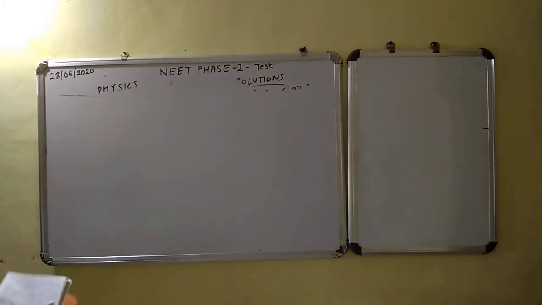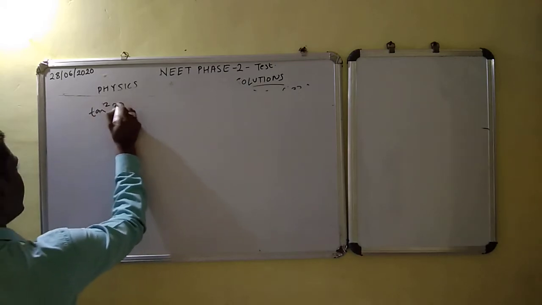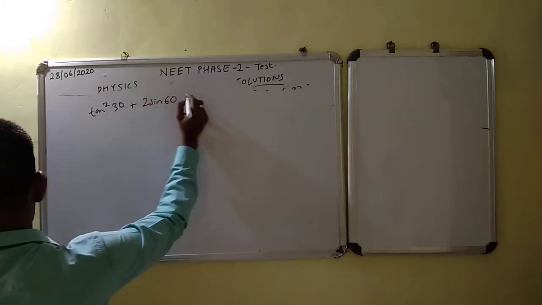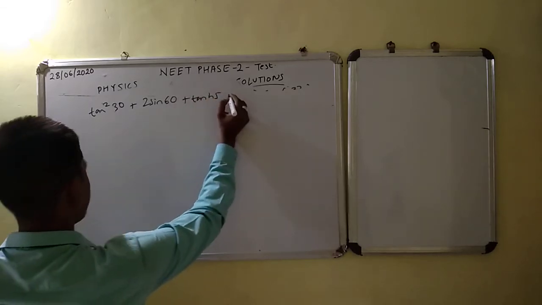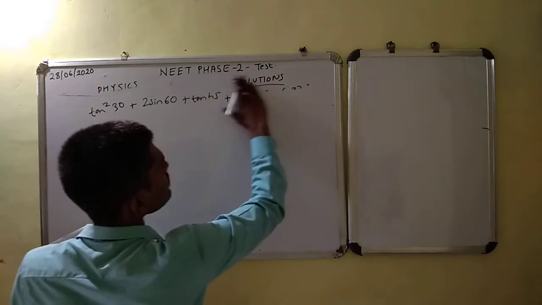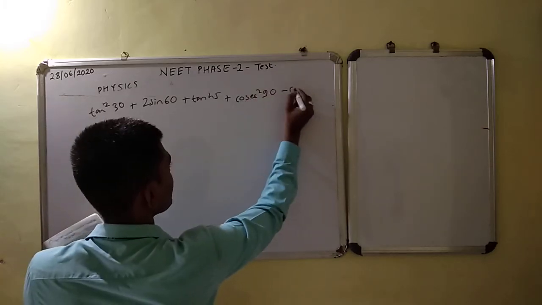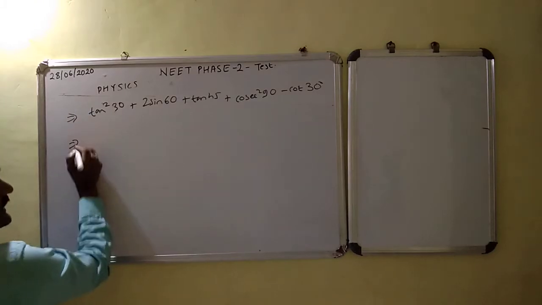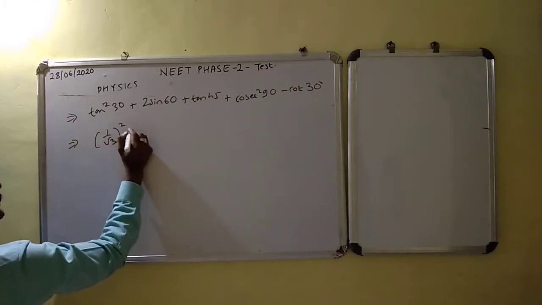This question number 21. Tan square 30 plus 2 sin 60 plus tan 45 plus cosec square 90 minus cot 30 degrees. Now what we can do is tan 30 is 1 by root 3, 1 by root 3 squared, plus 2.